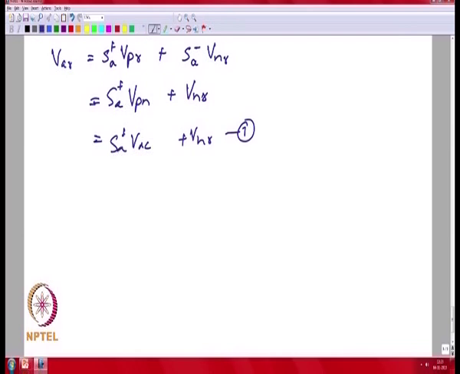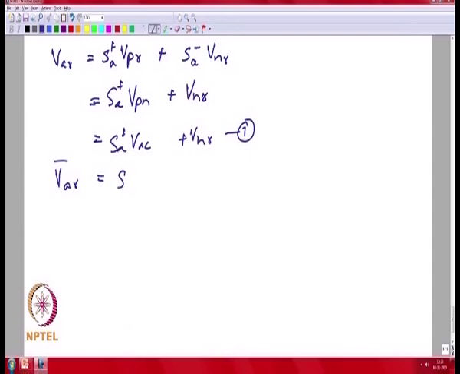And if we then average this particular expression over one switching period, we will put a bar to indicate it is average VAR. If you now consider the average of SA plus VDC, we will make an additional assumption that VDC does not change significantly over one switching period.